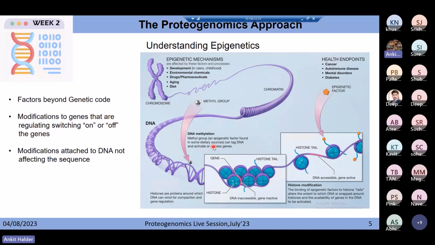There is a huge role of epigenetics in understanding how these modifications affect how the DNA sequences are further translated at the protein level. For this reason, understanding epigenetics is quite important. Only then will it help us understand why these correlations are not matching, or how these correlations are working.